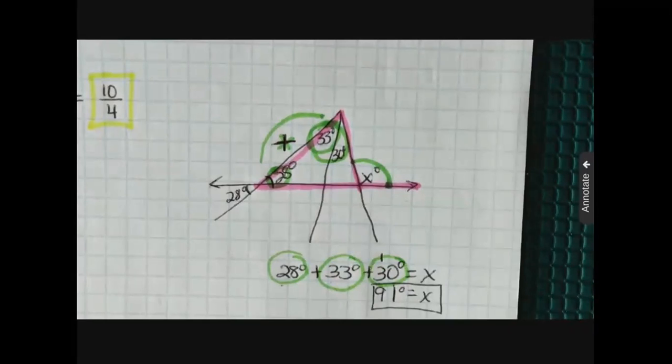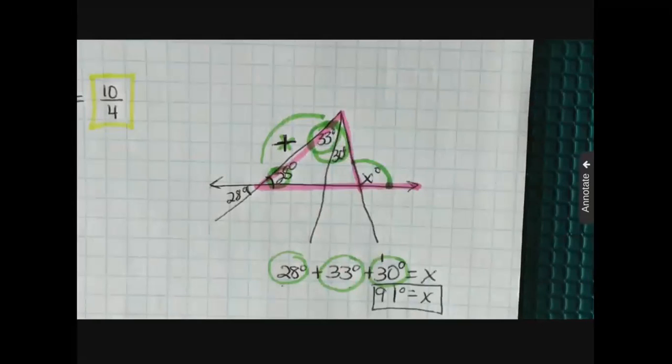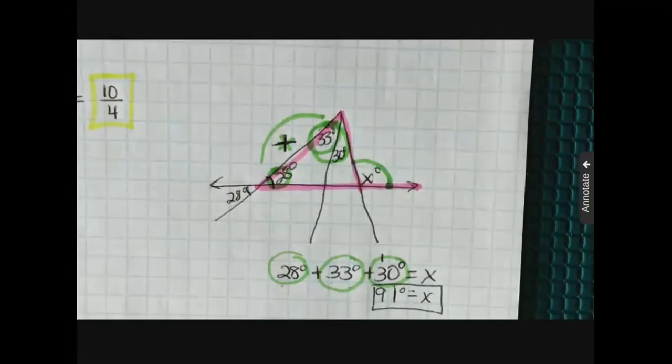The idea is the remote exterior angle theorem. Your problem might be slightly different, but that's the main idea for all of them. And if they split this angle, you've got to take both. The common theme I've seen so far in ALEKS is they do, so you've got to remember to add both. Hopefully that makes sense.